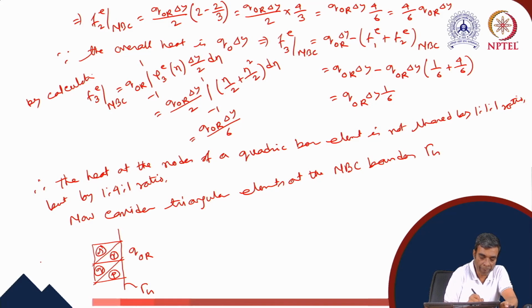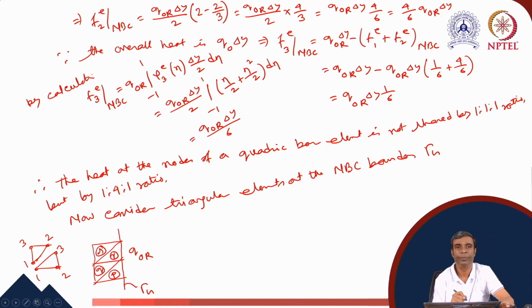The local node numbering we have already shown here: 1, 2, 3, 1, 2, 3. This is the local node numbering for contrasting orientation of the triangular element.